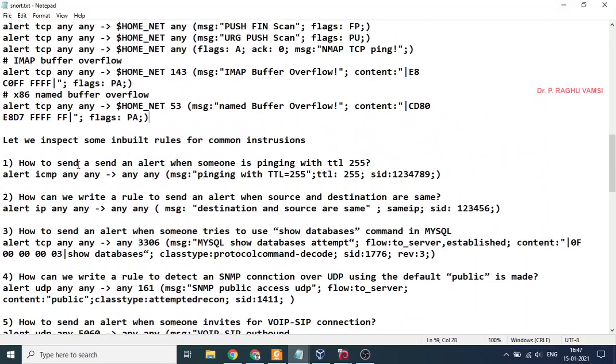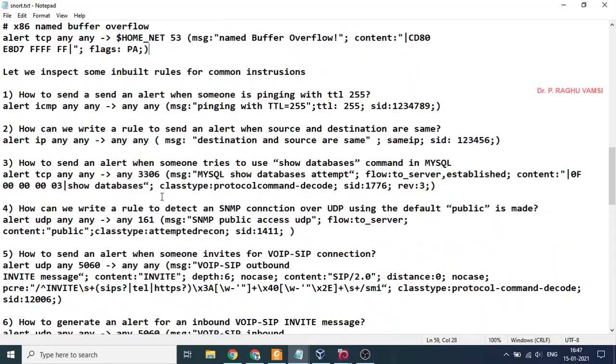How to send an alert when someone is pinging with the TTL 255. So this was a request. This is the rule that you are supposed to write. So like that, I have framed some questions and I have written some rules by browsing online.